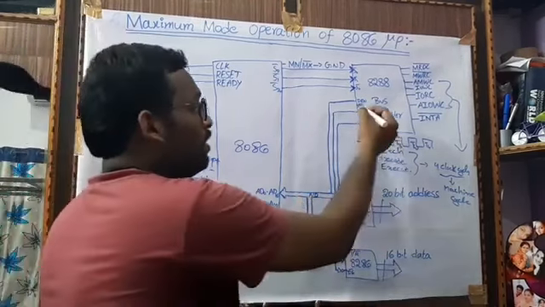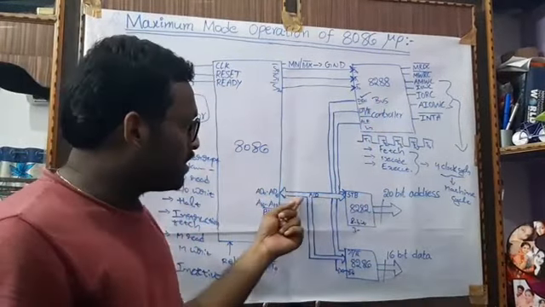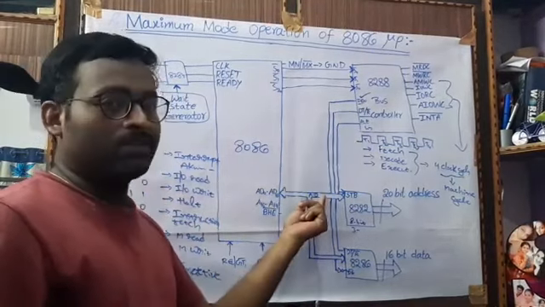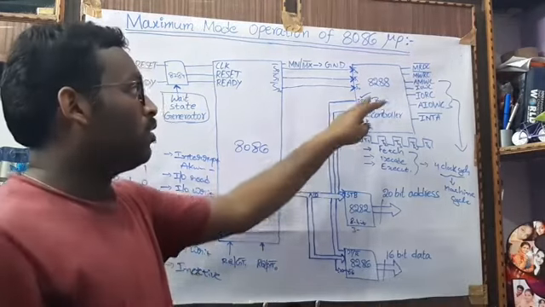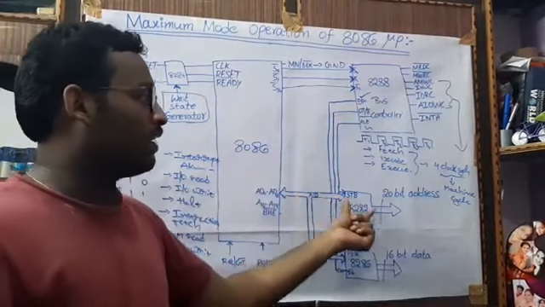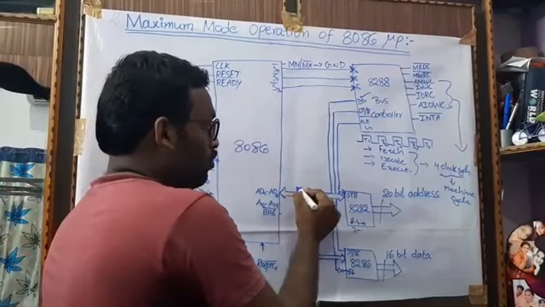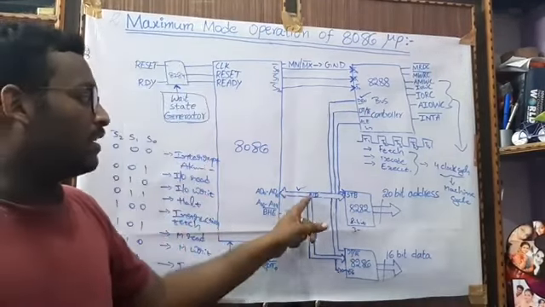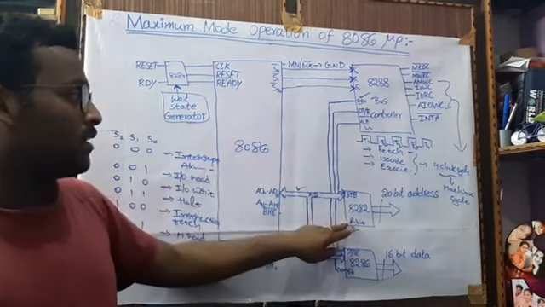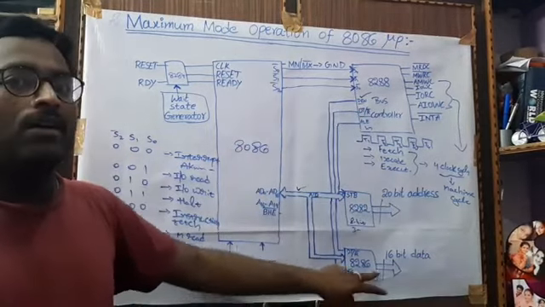Data enable, the name itself tells us: we are enabling data from this multiplexed line. We only have a common channel for address and data. So to divide that, ALE is responsible for address generation, and data enable is responsible for data generation.